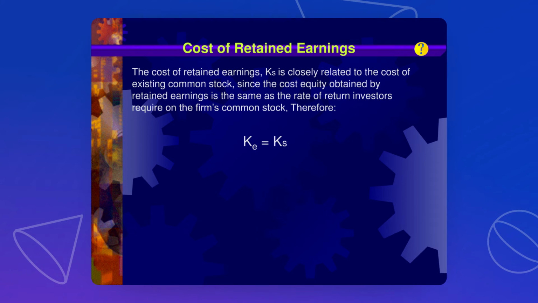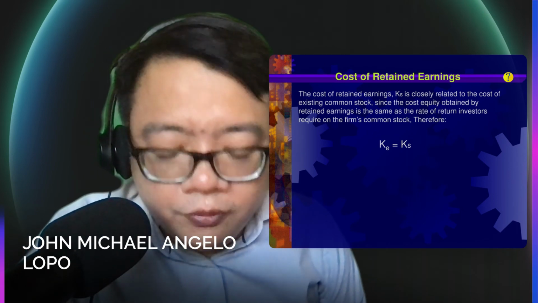Since the cost of equity obtained by retained earnings is the same as the rate of return investors require on the firm's common stock, therefore, the cost of equity is equal to the cost of retained earnings. Who is the right owner, the stockholder? Very good. The ordinary shareholder.